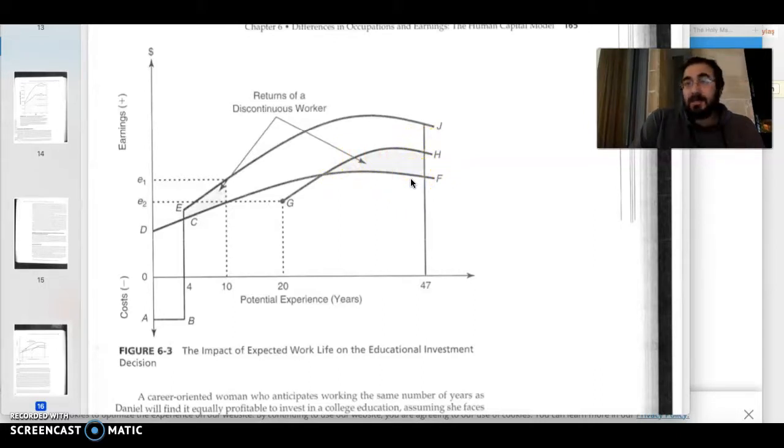Although there is a mistake here. We should look at the income of the woman if she is a high school graduate and gets into the labor market at year 20. Probably she will start somewhere here, so the benefit will be slightly higher, but still probably lower than the one in this chart.